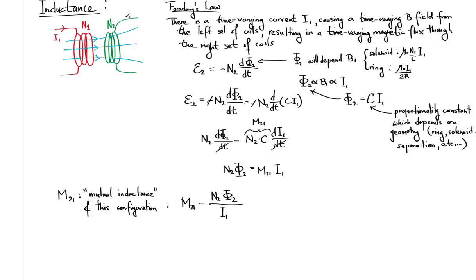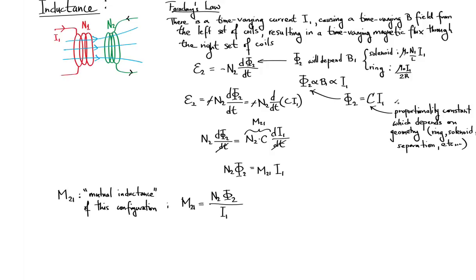I could send a current through this set of coils, that would generate a time varying magnetic field going the opposite way. And then we could see how much EMF is picked up in the left set of coils, right? So I could do this exact reverse argument. I won't go through the long, laborious recalculation of this.